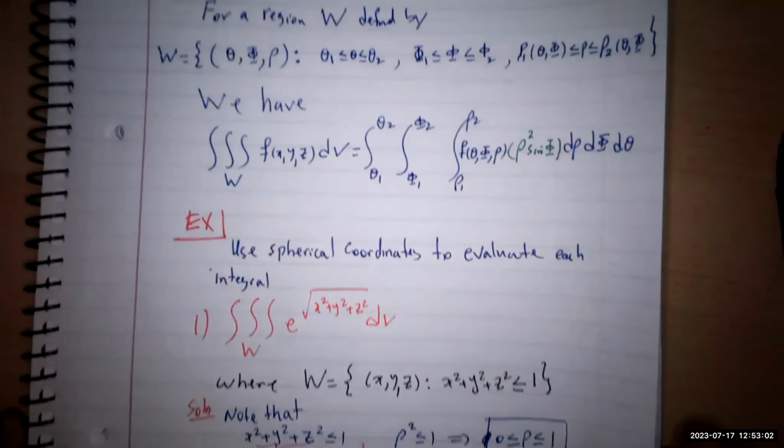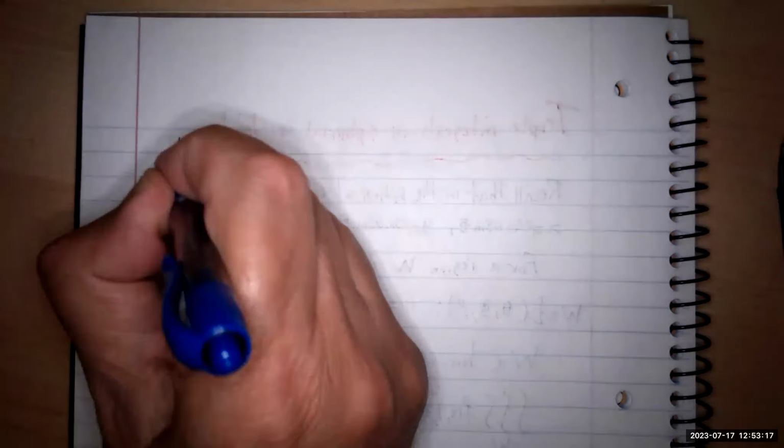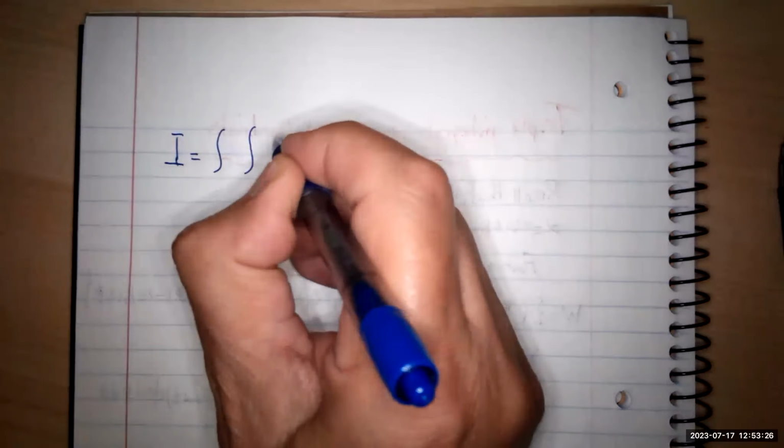So let's see how we're going to get that integral and how we're going to do it. The given integral, I'm going to call it I. I'm not going to repeat it. There you are, the integral changing to the polar form.